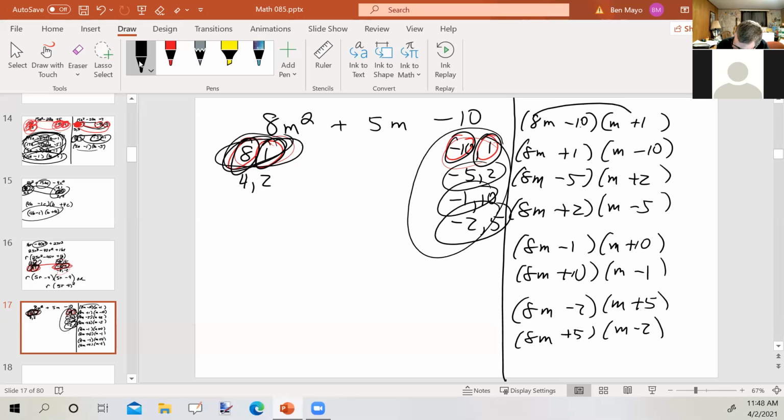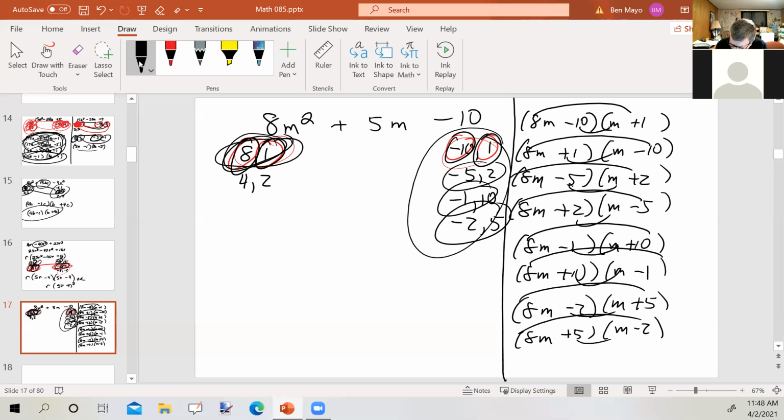This is 8 minus 10 is minus 2, minus 80 plus 1 is minus 79, 16 minus 5 is 11, negative 40 plus 2 is negative 38, 80 minus 1 is 79, negative 8 plus 10 is 2, 40 minus 2 is 38, negative 16 plus 5 is negative 11. So it can't be that one.